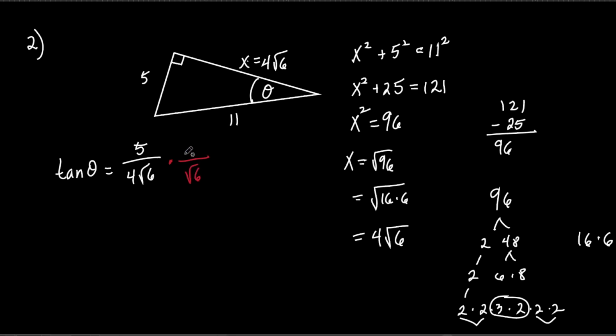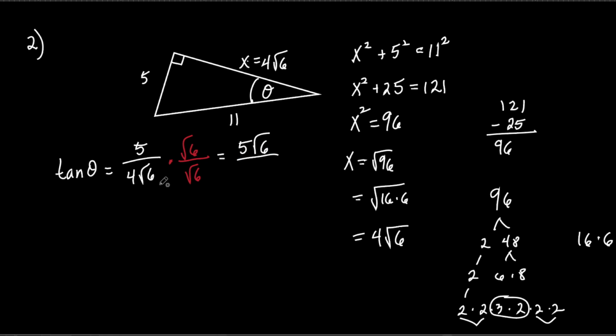So what do we do? We multiply the top and bottom by the square root of 6. Why? Because the square root of 6 times the square root of 6, the square roots cancel out, and I'm just left with a 6. That gets rid of the square root in the bottom. So we did what we set out to do, which is to get rid of that square root in the denominator. Let's see what we get now. On the top, it's just 5 times the square root of 6.